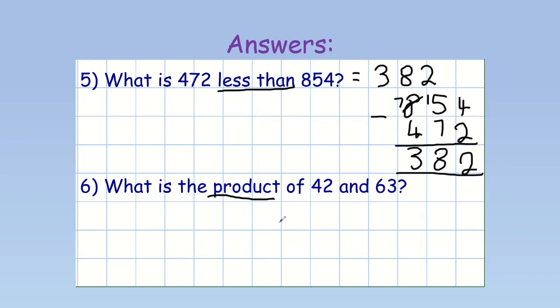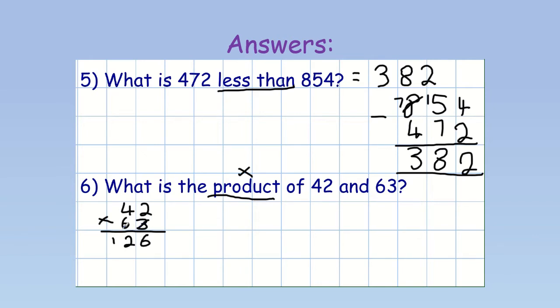Question 6 asks for the product. Hopefully you've remembered from our vocabulary work that the product simply means the answer of a multiplication. So for this we need to do 42 times 63. Let's see if we remember how to do this. We'll start with our ones. 3 times 2 is 6, and 3 times 4 is 12.